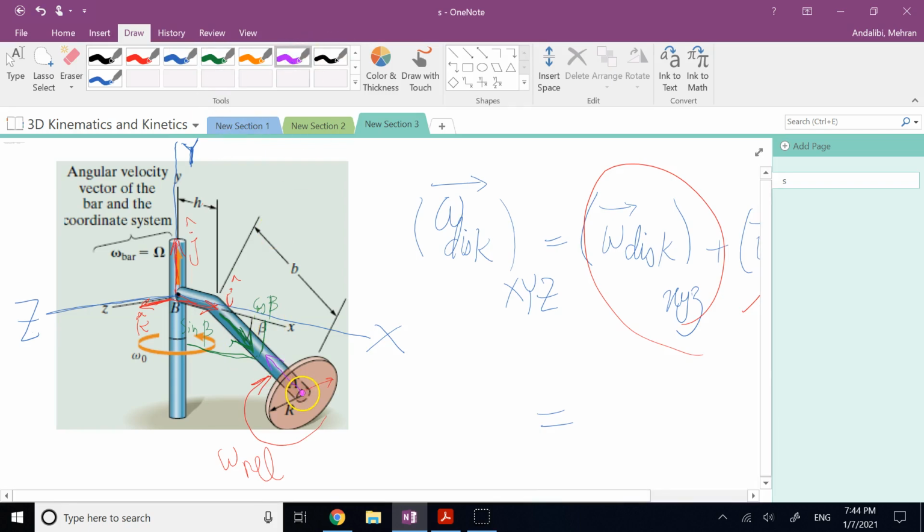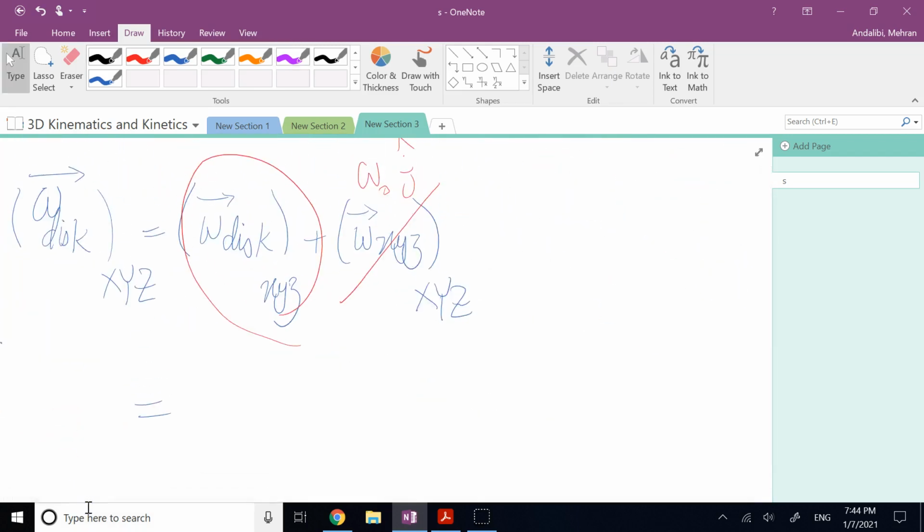It is along this axis. So if I want to write that vector, then it has still cosine beta along x, but it has positive sine beta because it is going upward. Or I can call it negative x and positive y.